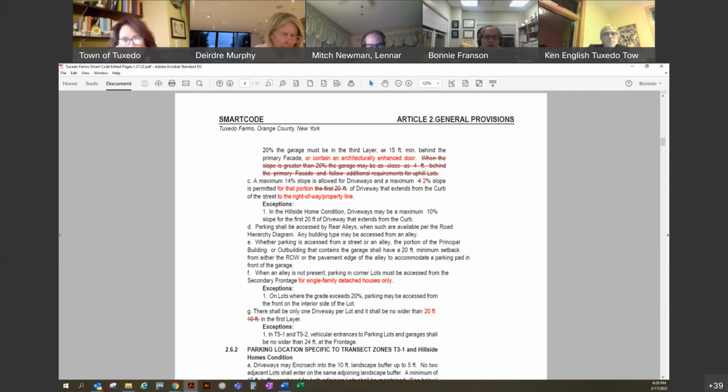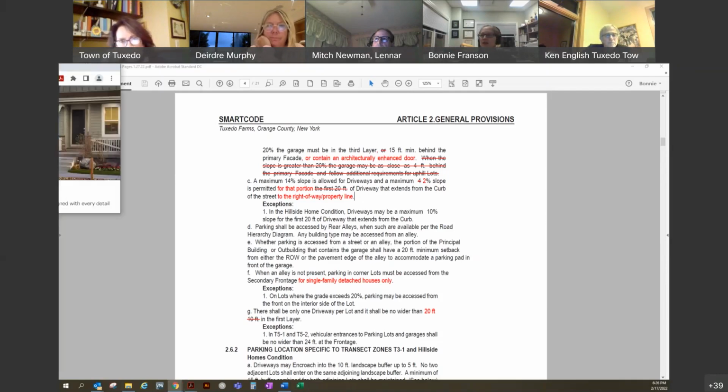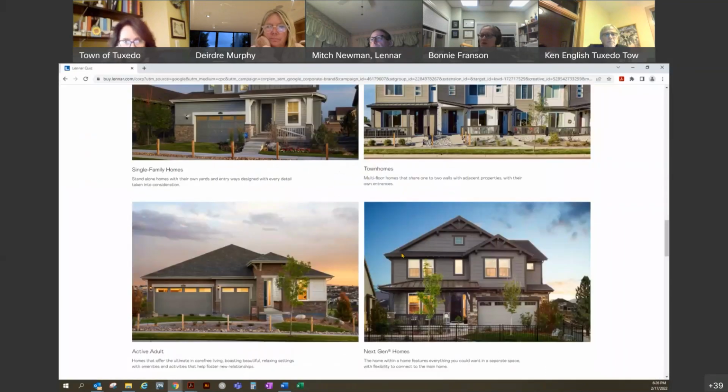I'm really starting to think that might be the better approach. It could still take a lot from what's already been crafted, but I've been on the Lennar site trying to look at some housing. Obviously, I'm not entirely sure what you're proposing here, but this was just your site in general. I was looking at this house, the next gen home that's on the Lennar site.